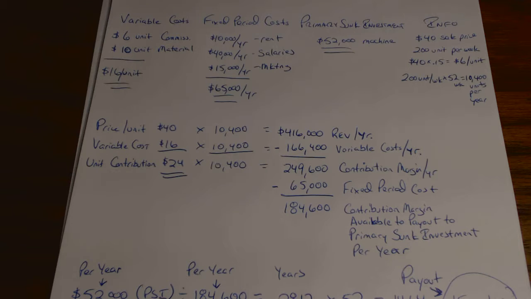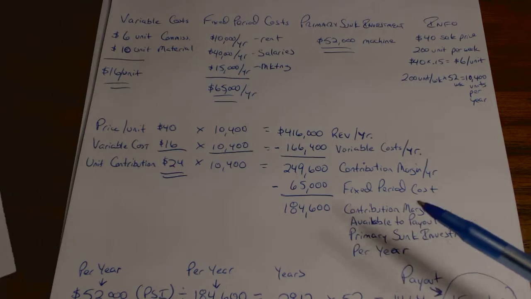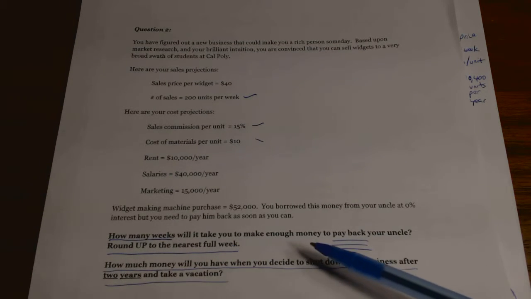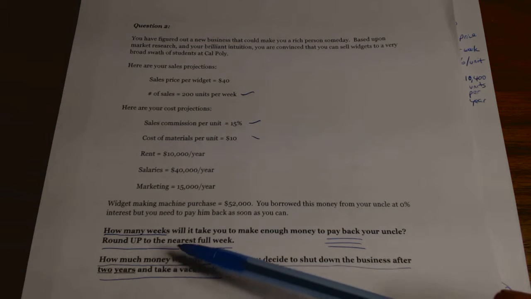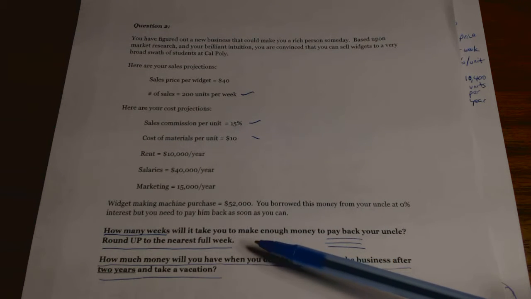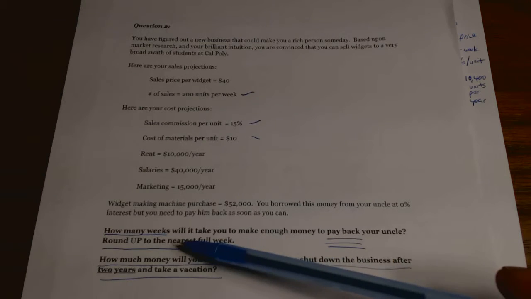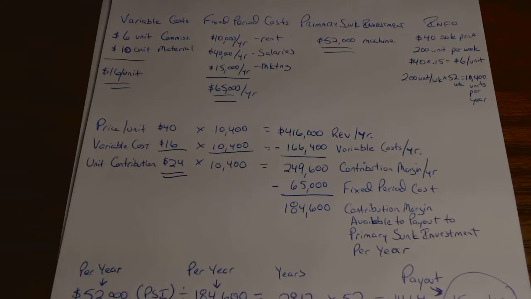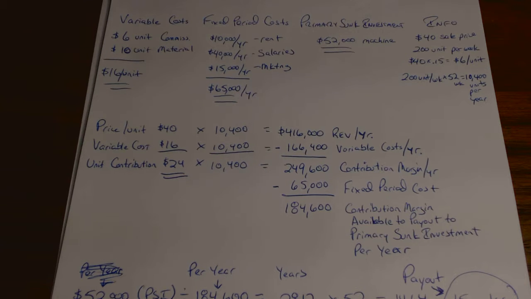It's 0.2817 years. But on the question, it asks how many weeks will it take to get enough money to pay back your uncle, because he loaned you the money, right? And it says round it up to the nearest week. So you know there's 52 weeks in a year, and this is in years. Your primary sunk investment is just your primary sunk investment, so it's really not per year.